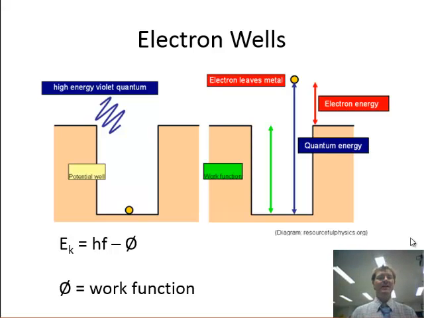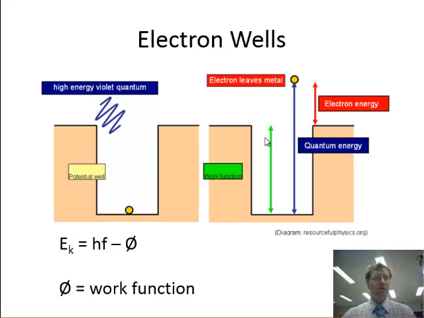If we have a high energy violet quantum of light coming in, what that can do is it can provide enough energy for the electron to escape and some additional energy, which is the kinetic energy of the electron as it leaves.